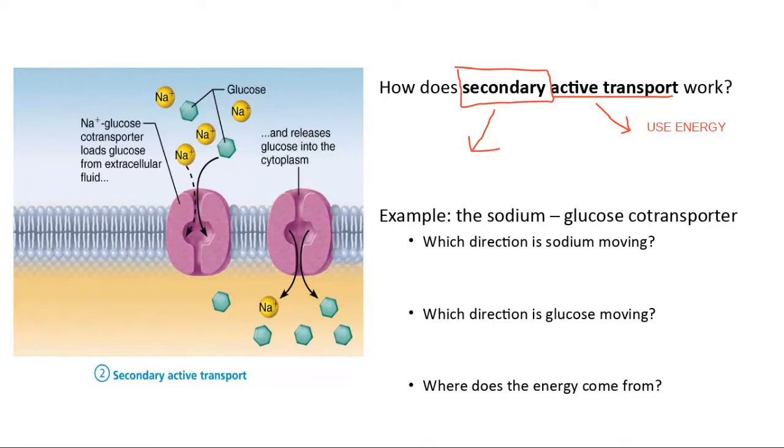When I do secondary active transport, I am using the energy of another molecule. So I think the way that your guided lesson describes it is another molecule's concentration gradient, or something like that. The easy way to think about secondary active transport is either piggybacking, or you could think of it like hitchhiking.